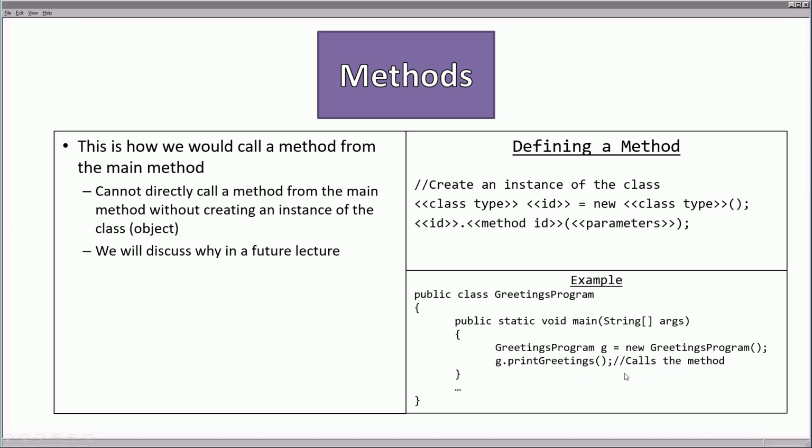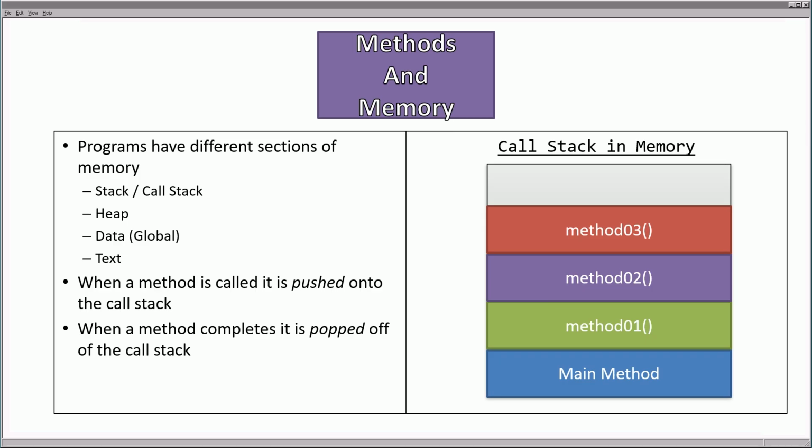Now remember this, when we called printGreetings, what is going to happen is this is going to jump inside of that method, which if you remember, called a different method, and it's going to jump inside of that method, return the string, print out the string, and then come back to here. Now this concept can get very confusing as we're going to be jumping all around code.